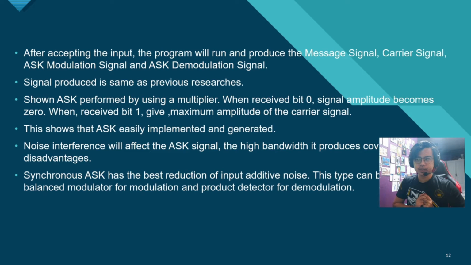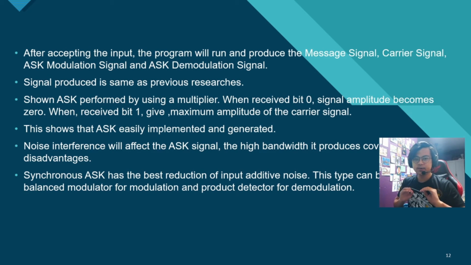The ASK shown was performed by using a multiplier. When bit 0 is received, the signal amplitude becomes 0. When bit 1 is received, it will give the maximum amplitude of the carrier signal. This shows that ASK is easily implemented and generated.